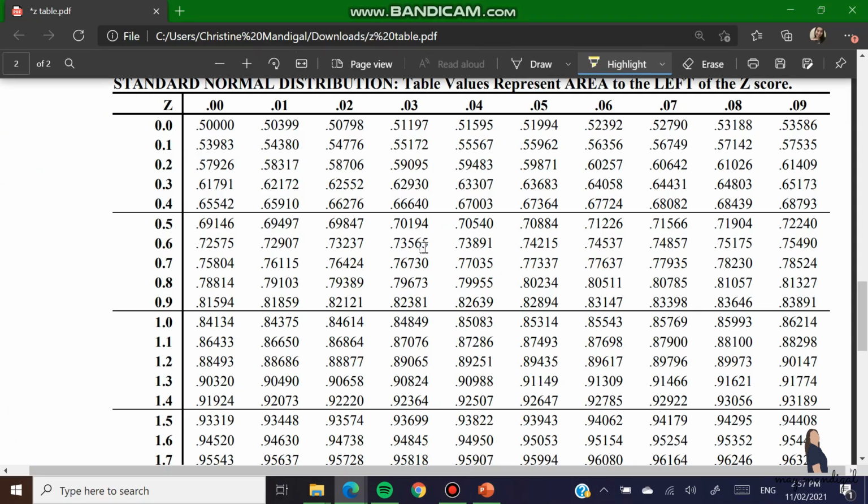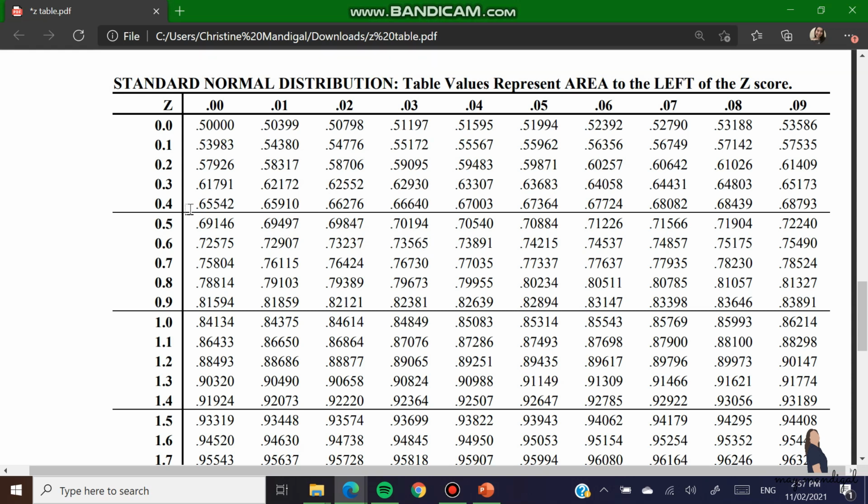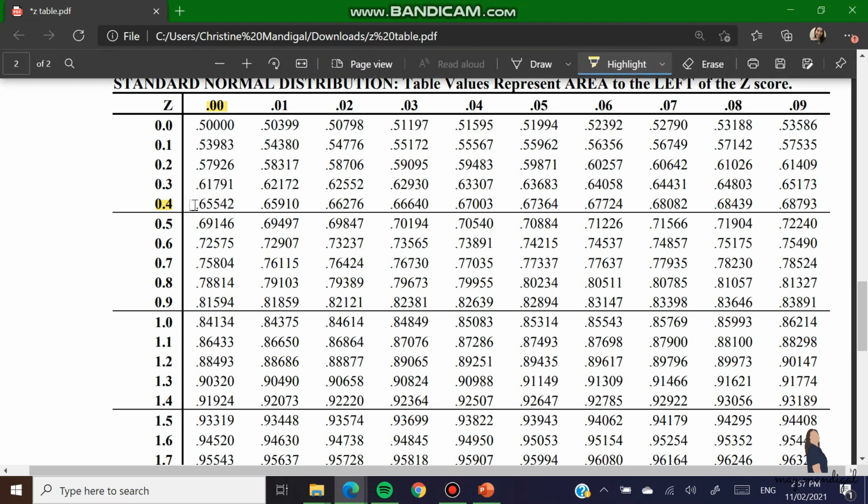Okay, so going back to our table, let's now look for 0.40. So this is 0.4. And since I want 0.40, I will be looking at the column 0.00. And this one now will be the value. So that is 0.65542.